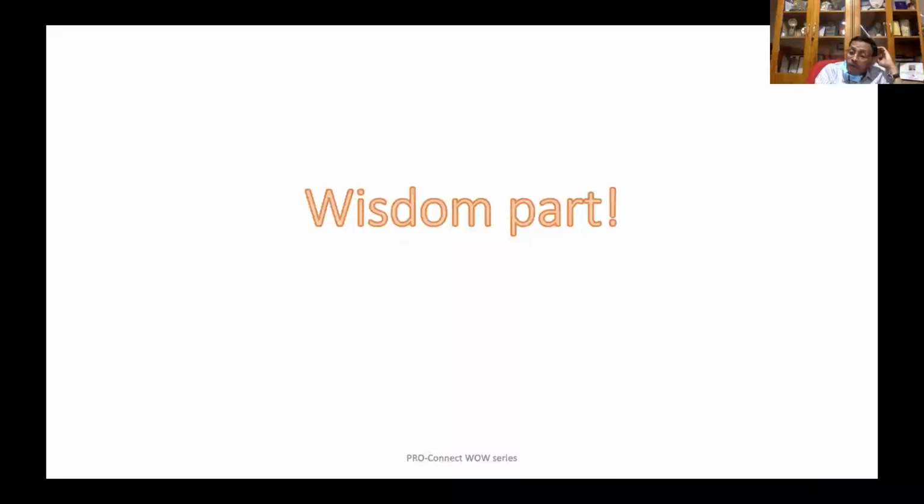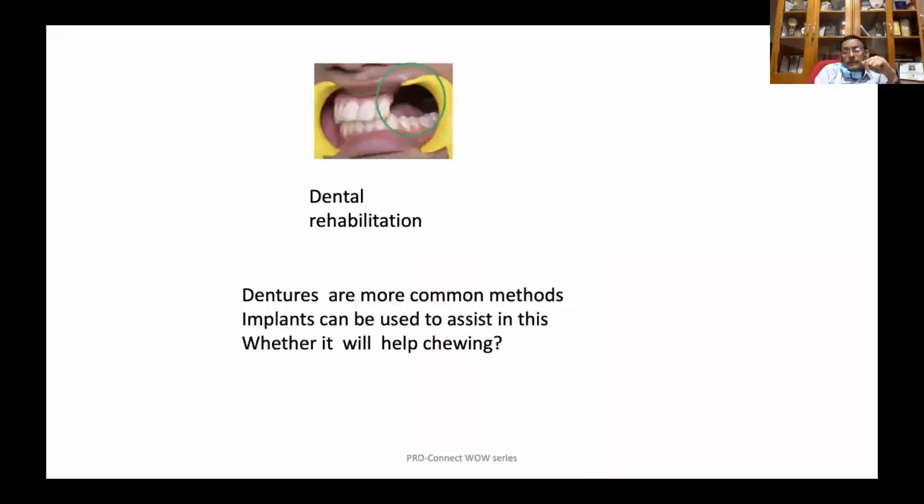We started way back in 2004 or so. So we have a lot of experience in this, which has made us more wise, because wise people will think that there are problems with anything you do. So nothing is very easy in the maxilla. Dental rehabilitation. You have to assume that these are important things.